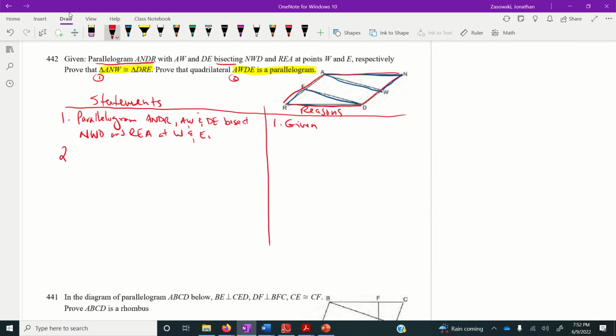So we can go ahead and say that RD is going to be congruent to AN. And while we're at it, we might as well throw in the other two sides. So we'll say that AR is also going to be congruent to DN, and the reason being that in a parallelogram, the opposite sides are congruent.